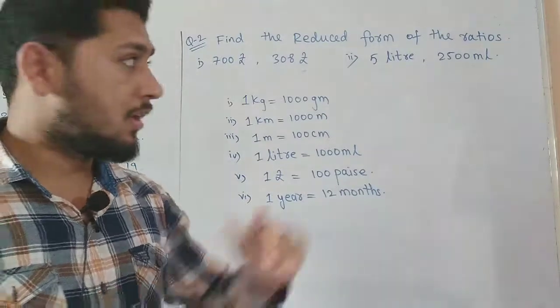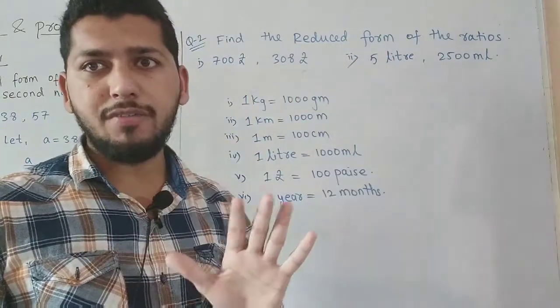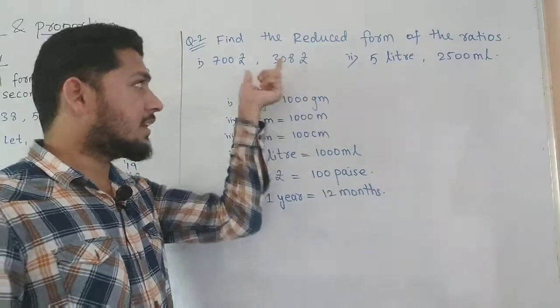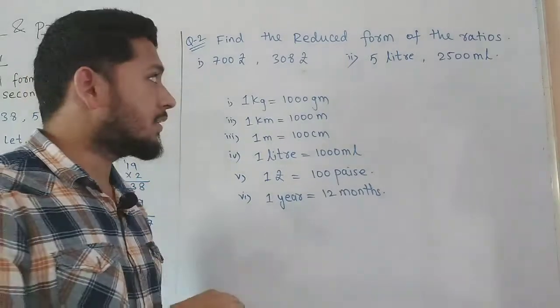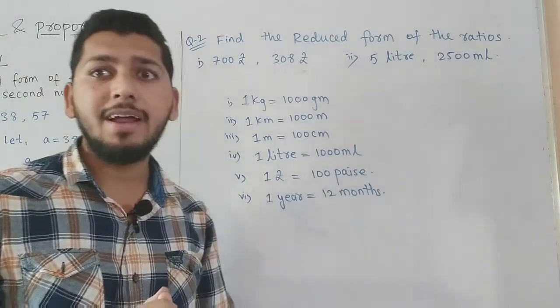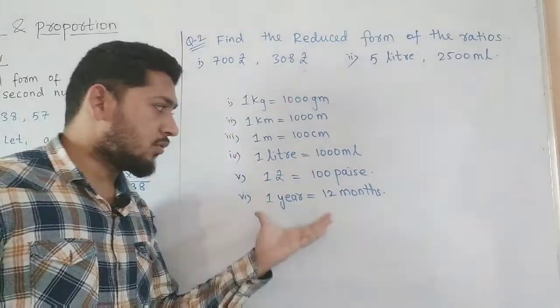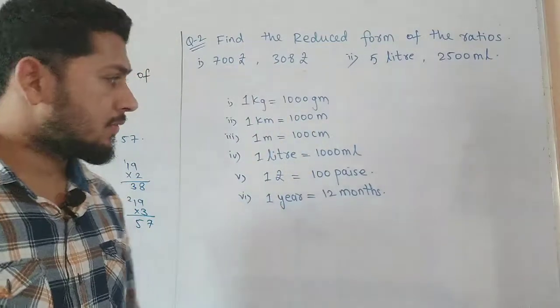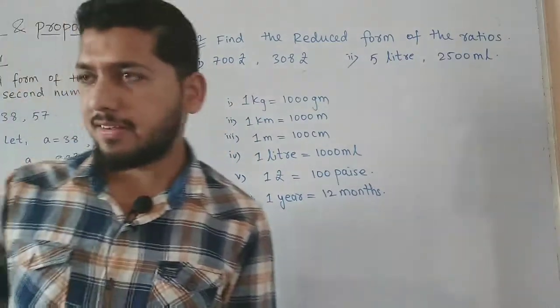Until the measuring units of the quantities are the same, we cannot divide. So the units given, we have to make the same. If they are in the same units, then only we can divide. So likewise we have to solve this example. Now I am rubbing this part and we'll start with the example.